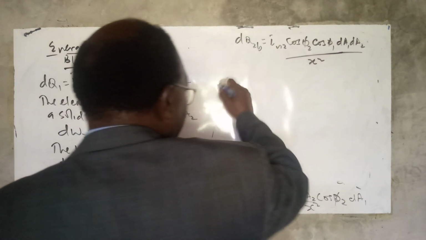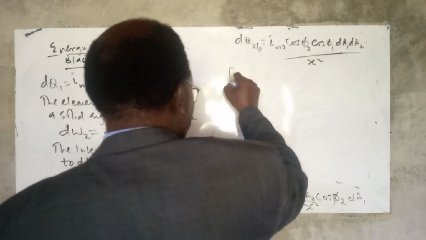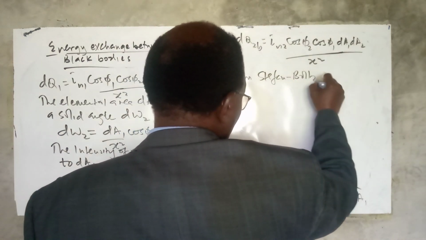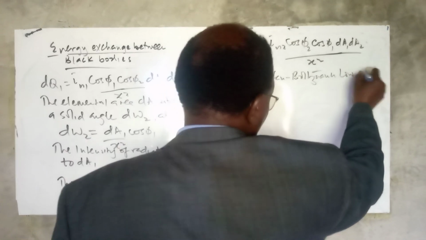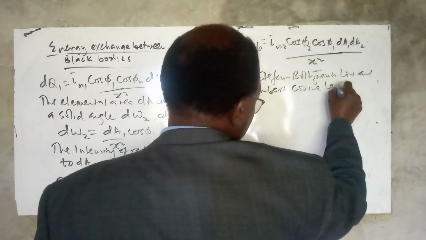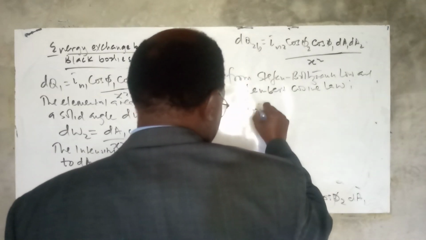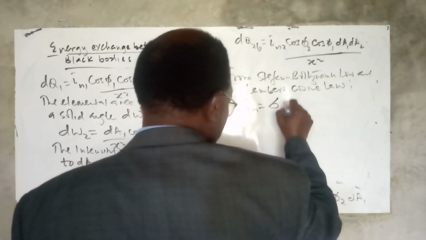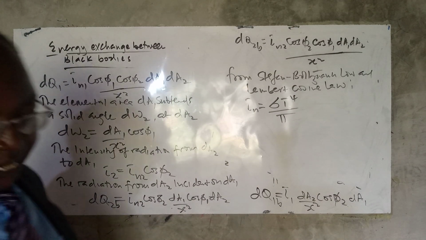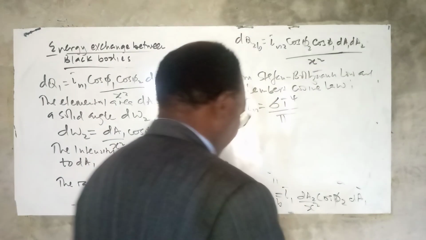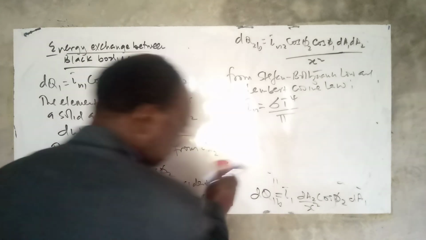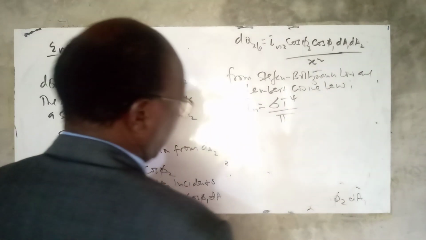And so we said that from the Stefan Boltzmann law and Lambert cosine law, the intensity In is basically sigma T to the power 4 over pi. Just go through our earlier lectures, then you're going to see that you have this. Of course, sigma is the Stefan Boltzmann constant, and T is absolute temperature.